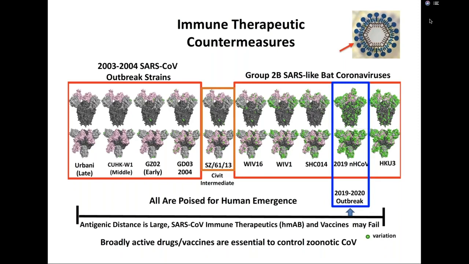Even civet and raccoon dog strains, represented by SZ61 and 03, that should be HCSC6103, not 13. Even that small amount of variation in that civet strain can mediate escape from vaccine-induced neutralizing antibody responses, both in young and especially in aged animals, to mediate a strong Th2 immune pathology.